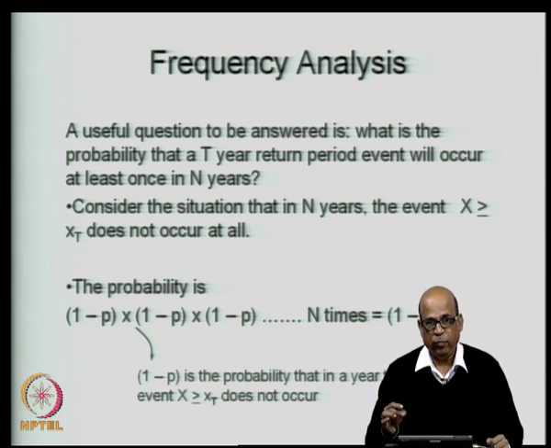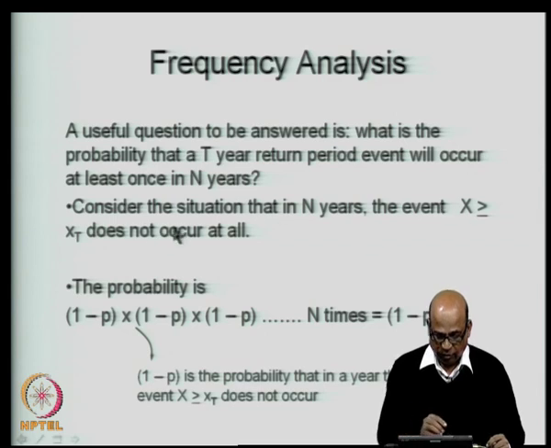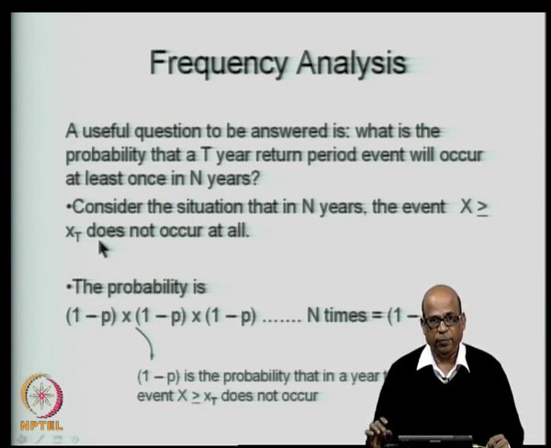If it occurs even once, we are saying that it has occurred at least once, and therefore, for the event to be complementary it should not occur at all. So, we first consider the event where X ≥ x_T does not occur at all in the n-year period.